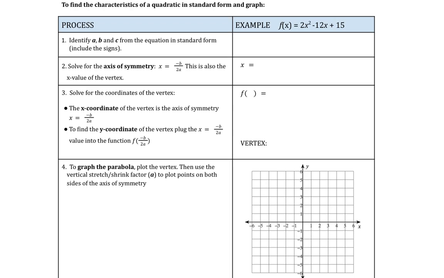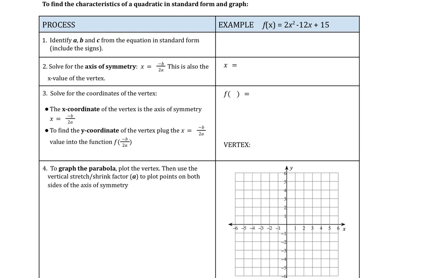All right, we're going to do this first one together. Identify a, b, and c from the equation. So my a is 2, my b is negative 12, and my c is 15. Solve for the axis of symmetry.